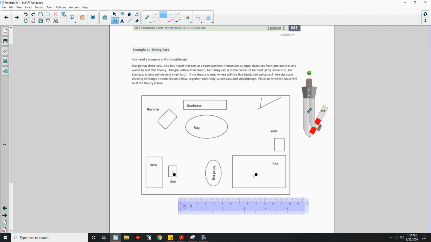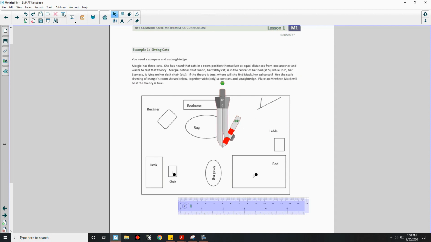So I'm going to take the ruler, let me switch to arrow, and I'm going to put it on the location of Jojo, which is on the computer chair. Okay, and then I'm going to open this up. Let's see if I can make this larger.